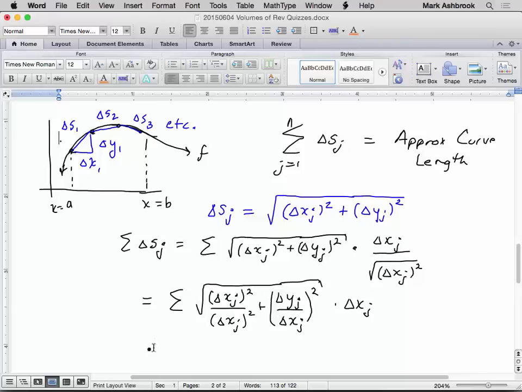Okay, getting close here. So first thing becomes square root of, what's that? 1. Anybody recognize what this is? So delta y over delta x.